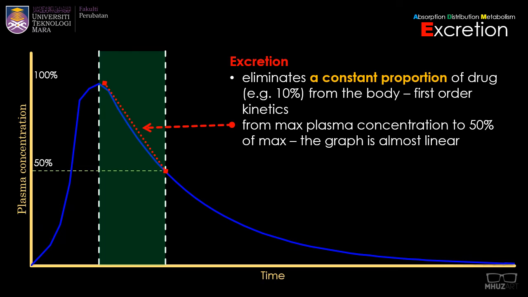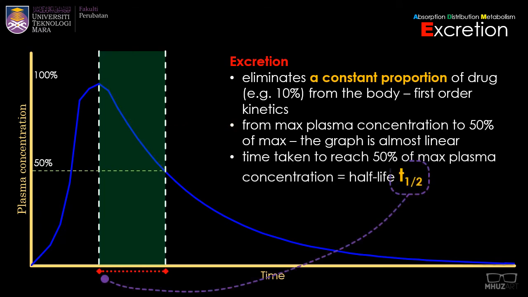This is the point where the rate of distribution and rate of excretion is at maximum. From 100% to 50% plasma concentration, the time taken for the plasma concentration to drop is called the half-life.